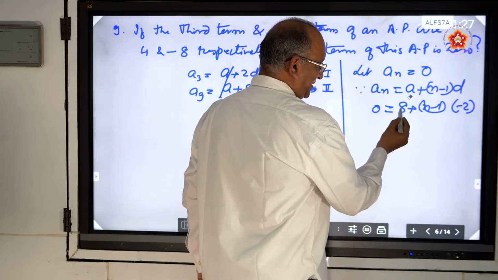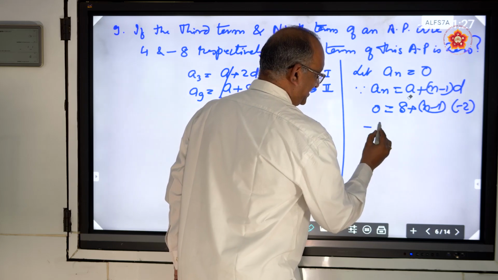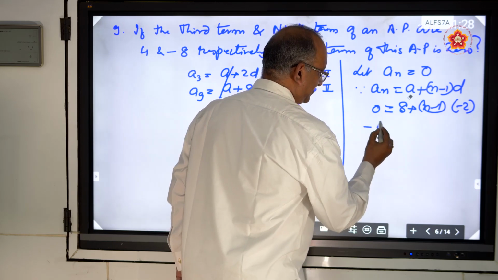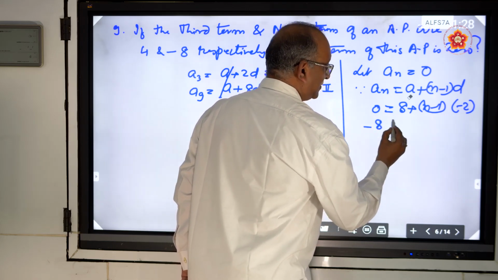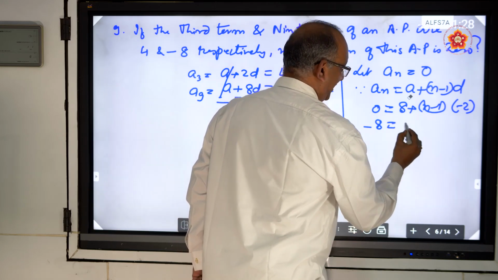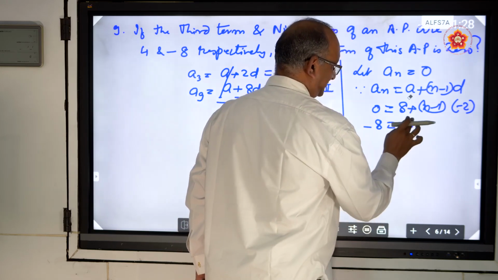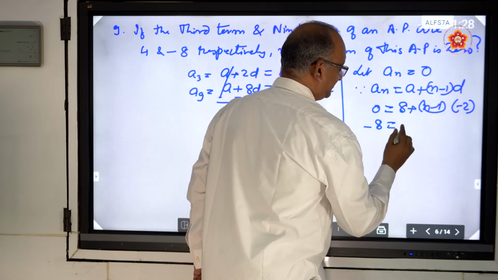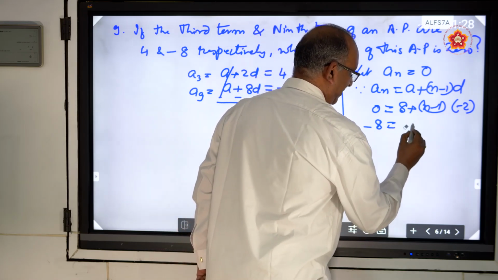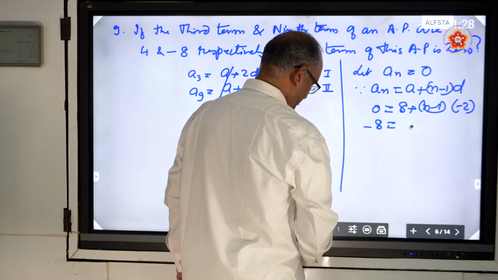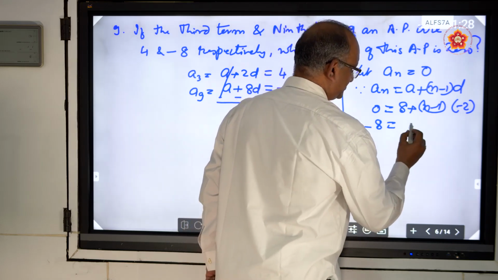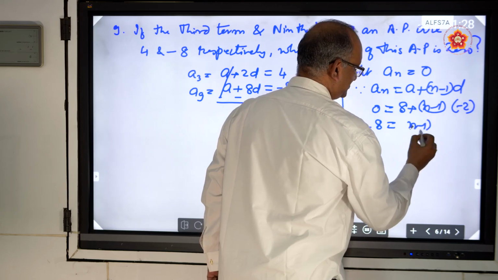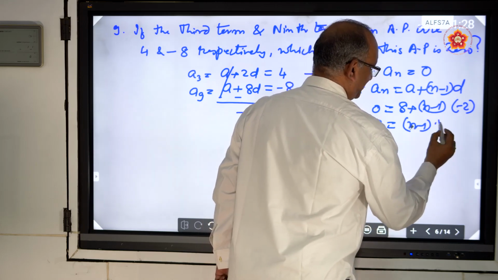So shift this 8 to this side, it will become minus 8 equal to n minus 1 into minus 2.